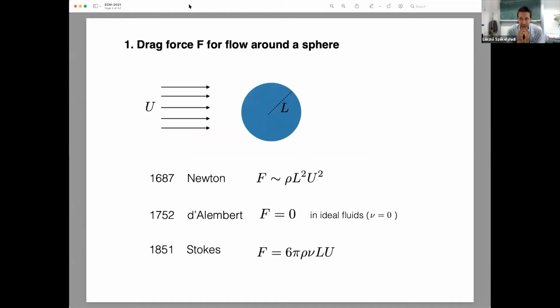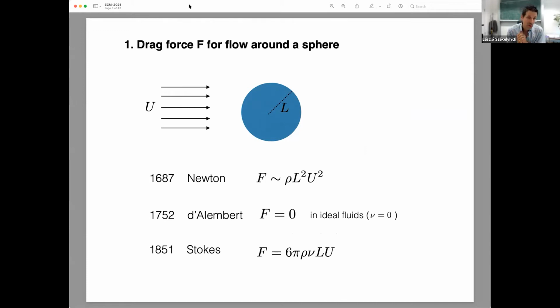To give an example of what he was referring to, this is the oldest problem in fluid dynamics, I guess: to calculate the drag force for a flow around a sphere. You have a uniform flow with velocity U, and there's a sphere of radius L, and the question is just to calculate the force that this flow exerts on the sphere, or equivalently the force exerted by the sphere on the flow.